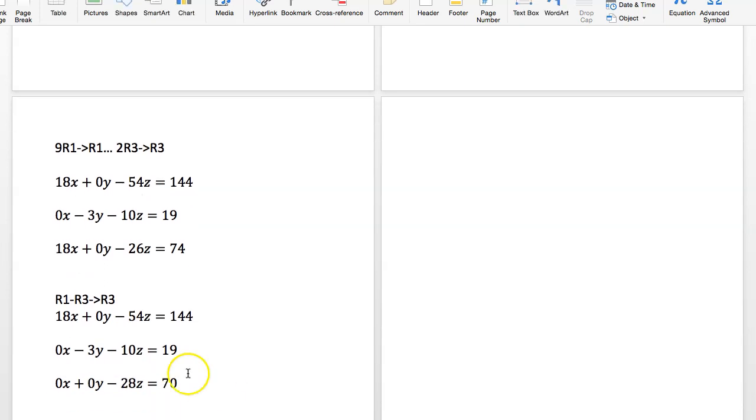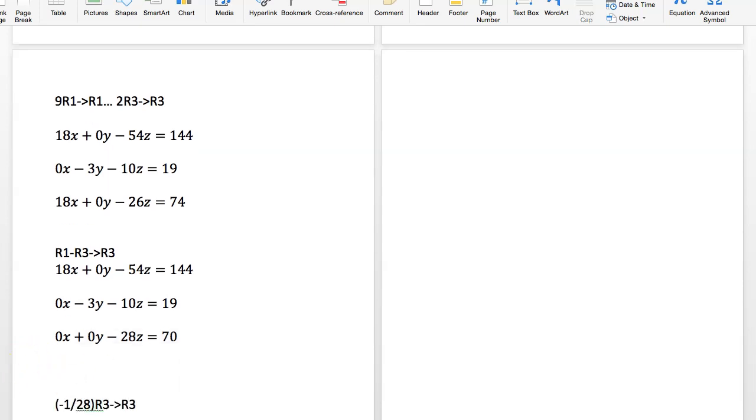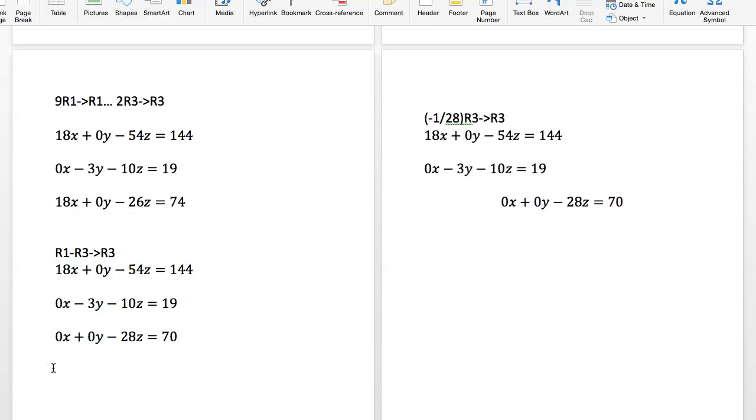And if I divide, I get my precious -5 halves. And if I divide row 3 by -28, if I do -1/28 row 3, put that into my new row 3, I will get my precious 5 halves for Z.